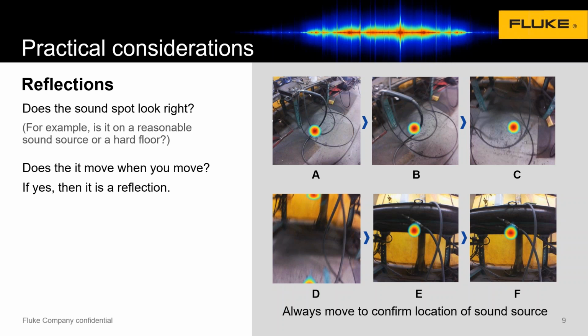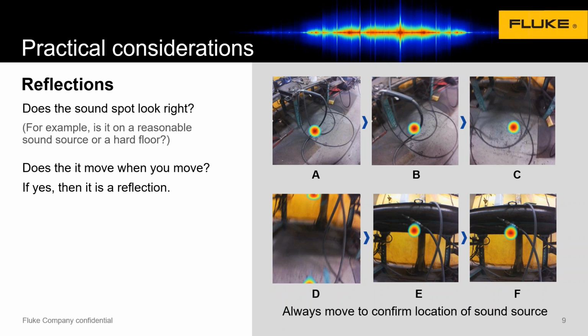This was a workstation at one of our sister companies, and I looked down, and my first thought when I looked at A was, oh, there's a leak on that airline for that tool. When I moved a little bit to my right, and then further to my right, I realized it's not coming from that airline. You have to be able to walk around and look at it from different places.